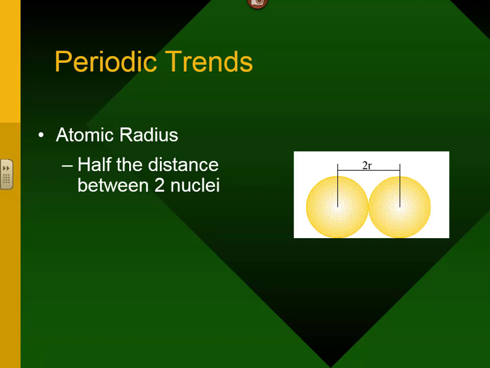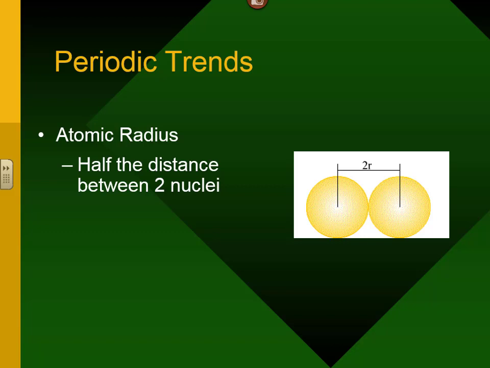We have to measure it a little bit differently, because if you're thinking about trying to use a microscope, like an electron scanning microscope, to measure the size of an atom, it's pretty easy to find the nucleus with that sort of equipment. The nucleus is very dense. It's a little bit larger in terms of what you're looking for. When you're trying to look for the edge of the atom, though, you're in the electron cloud.